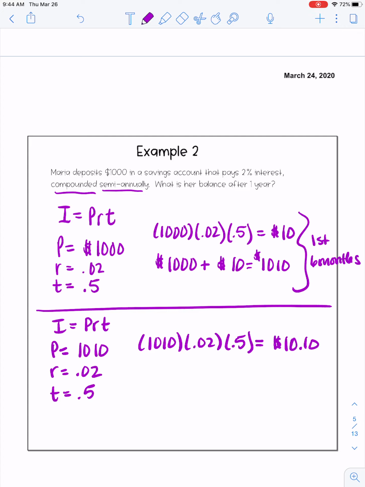I add my principal with my interest, and I get $1,020.10.